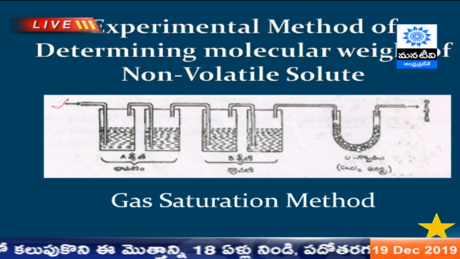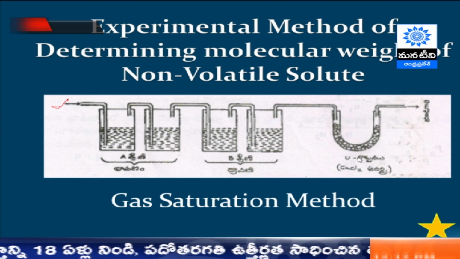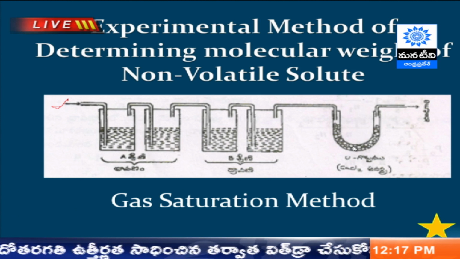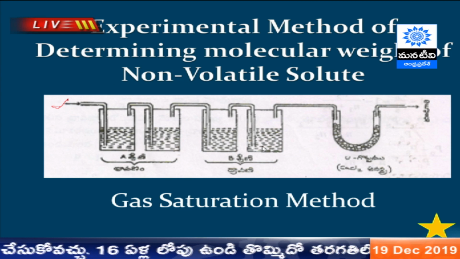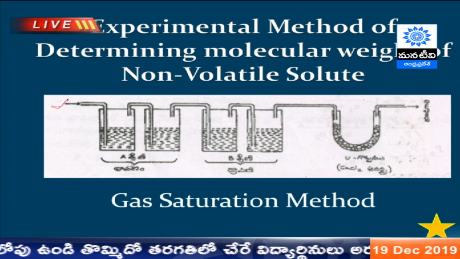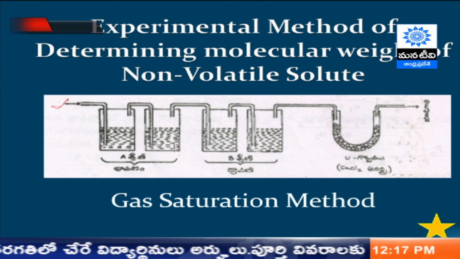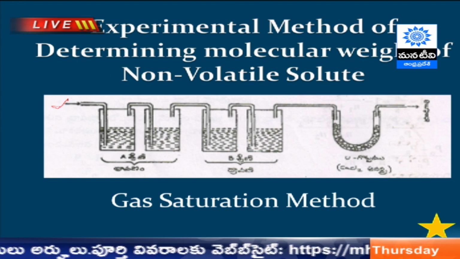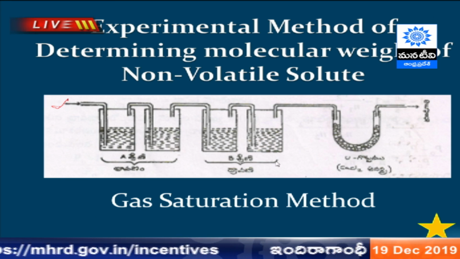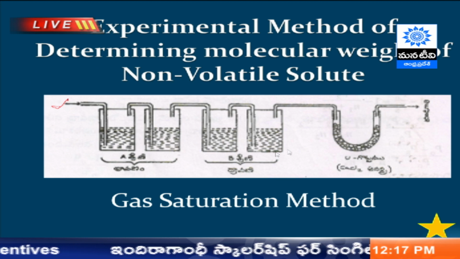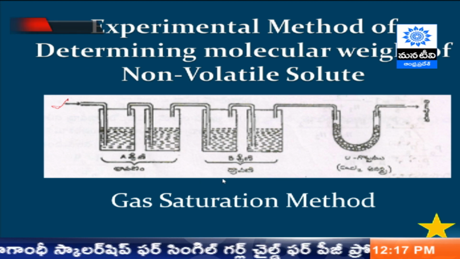When you weigh the difference, you will get the weight corresponding to the vapor pressure of the pure solvent, and the earlier weighed beakers give the weight of the solution. So if you subtract this weight from P naught, you will get the lowering of vapor pressure. This is how the experiment is performed.